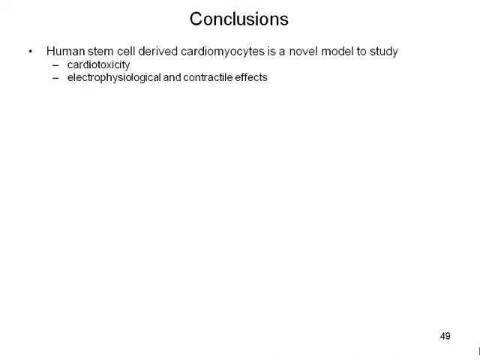So the conclusions that we had were that these human stem cell-derived cardiomyocytes are quite novel because you can look at, in a single cell, the cardiotoxicity or cytotoxicity of the cell, preferably using ATP depletion, but more significantly, the electrophysiological effects of a variety of kinase inhibitors. So this would be very relevant in early screening of molecules to try to rank order the compounds before you go in vivo.